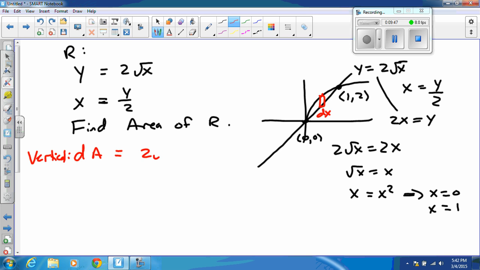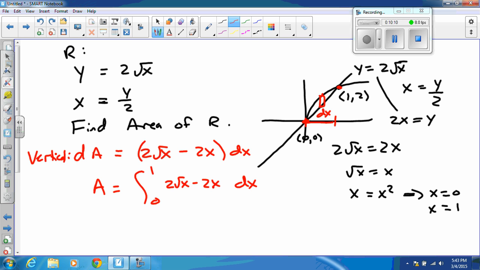So with vertical rectangles, dA is equal to top curve, or 2 root x, minus bottom curve, or 2x, and all of that times dx. And the area is now going to be the integral from the first x to the last x, from 0 to 1 of top curve minus bottom curve dx.